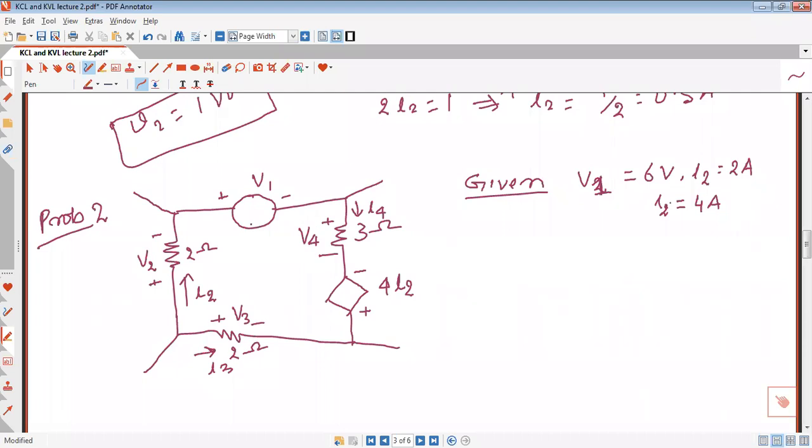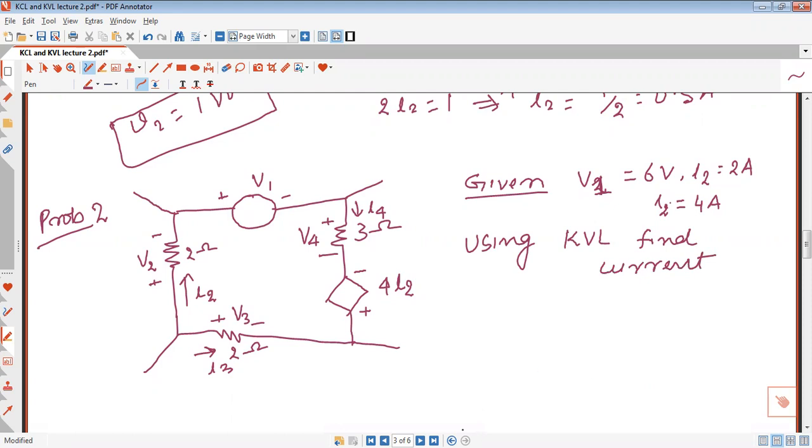So another problem is here. Using Kirchhoff voltage law, KVL, find the current in the given circuit.